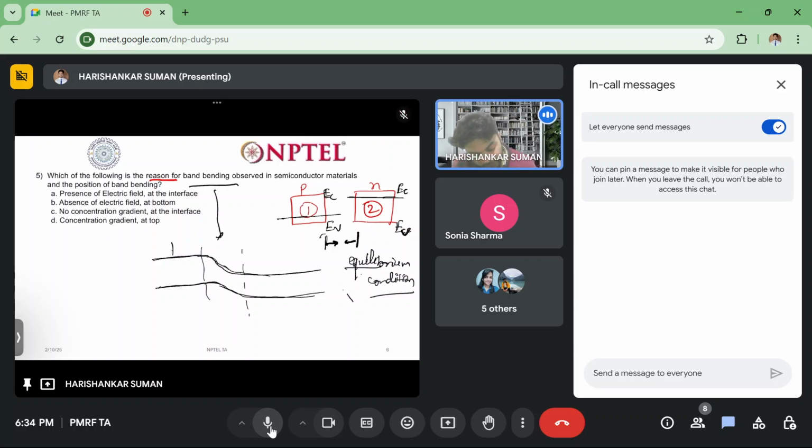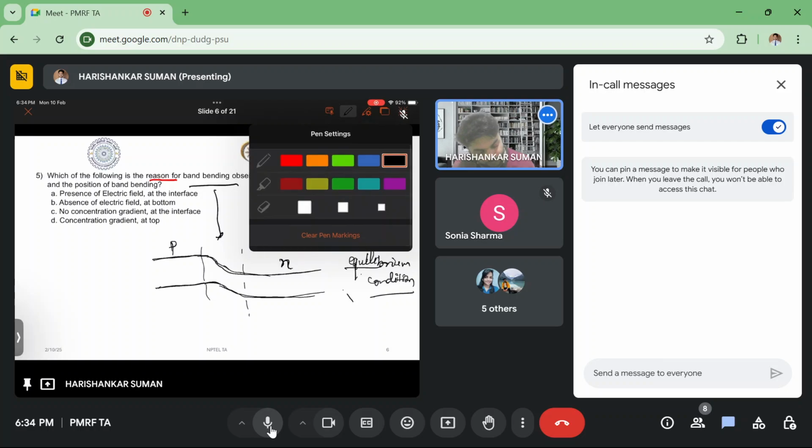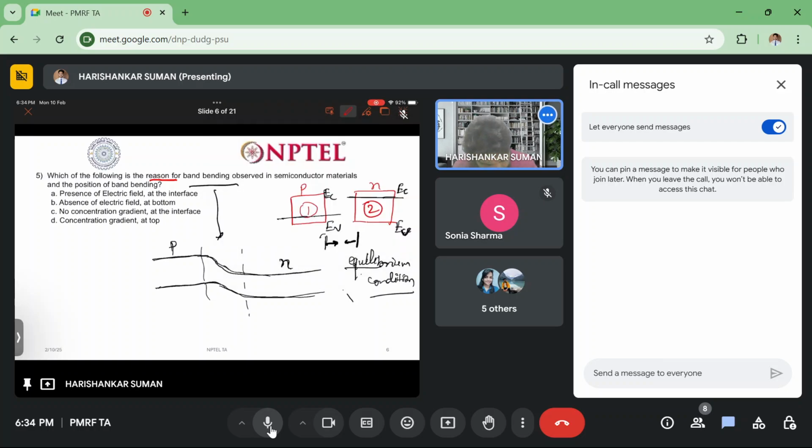So let's say this is P, this is N. A scenario like that. At equilibrium condition, only one Fermi level is present in the material.